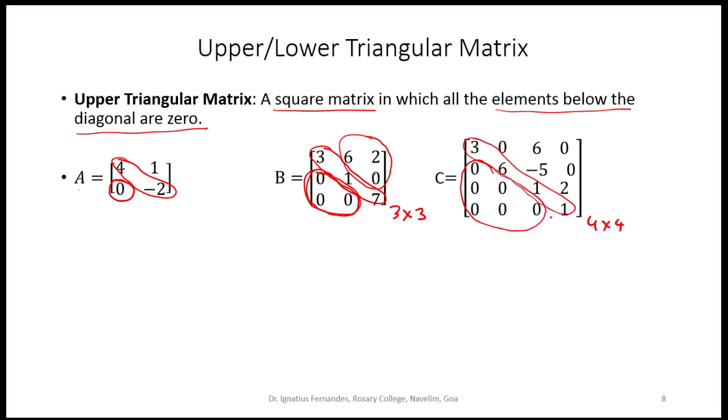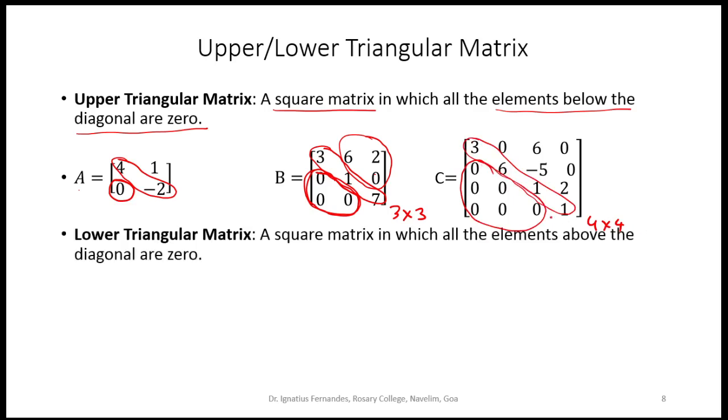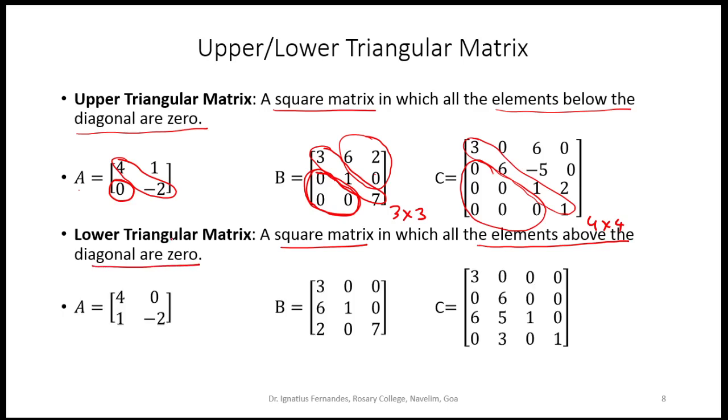The same way we have a lower triangular matrix, which is just the opposite. It is a square matrix in which all the elements above the diagonal are 0. So matrix A is a 2 by 2 matrix, the diagonal is here, and the elements above that diagonal are 0. Then it's called a lower triangular matrix.